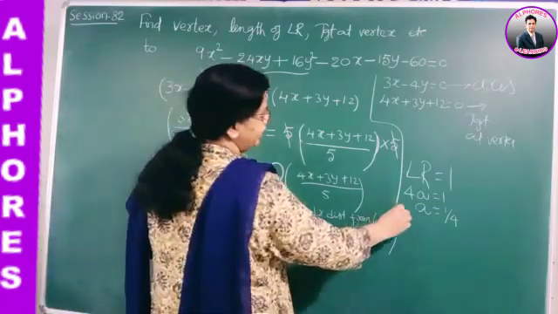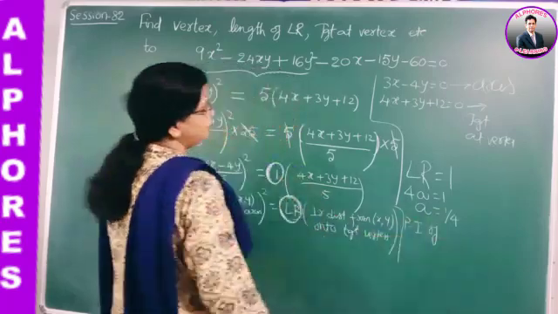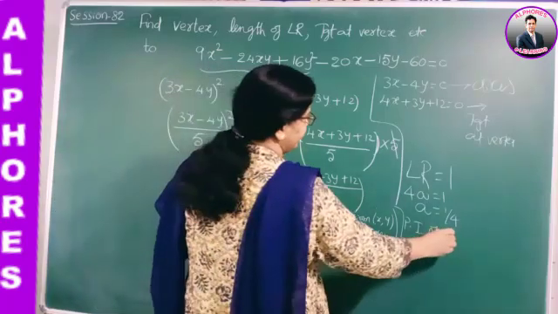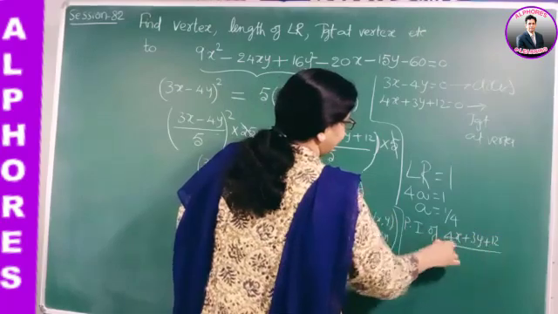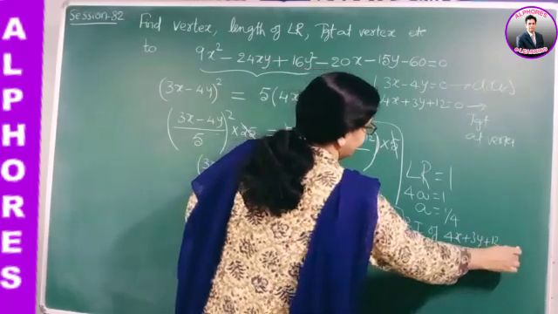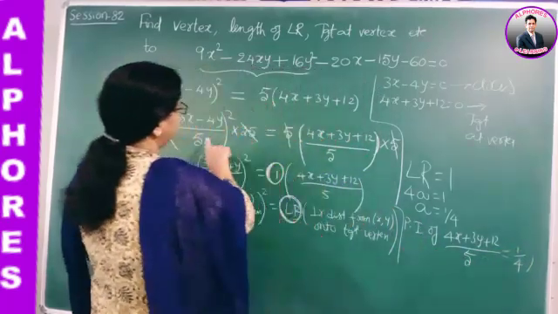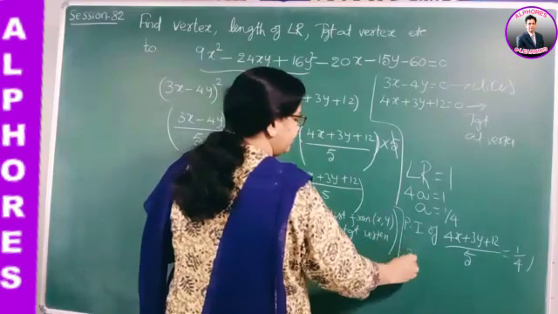That means the point of intersection of what you have to take here? Capital X. This is of the form capital X. As it is, you take (4x plus 3y plus 12) divided by 5 equal to a, that is 1 by 4, comma, what is the next value? Y is 0. That implies 3x minus 4y equal to 0.